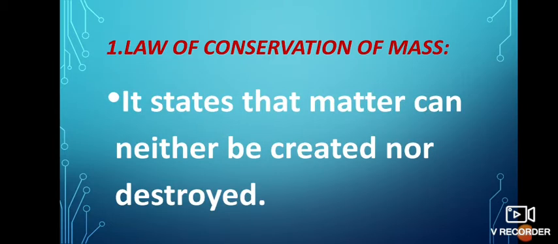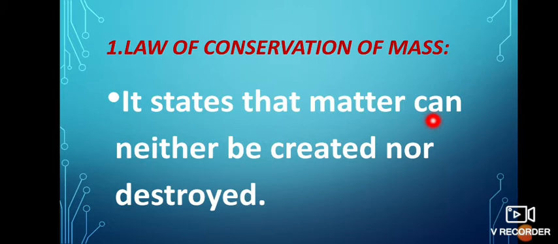Now the first law is law of conservation of mass. This law states that matter can neither be created nor destroyed. It means in all physical and chemical changes, the total mass of reactants is equal to that of the products. For example, if we take the reaction of carbon and oxygen, the final product is carbon dioxide.